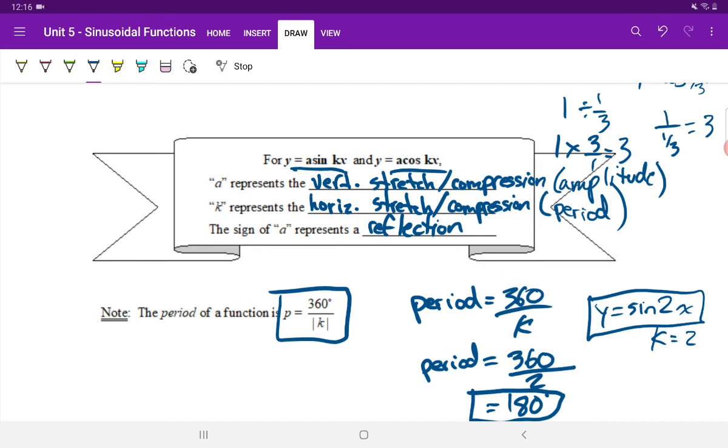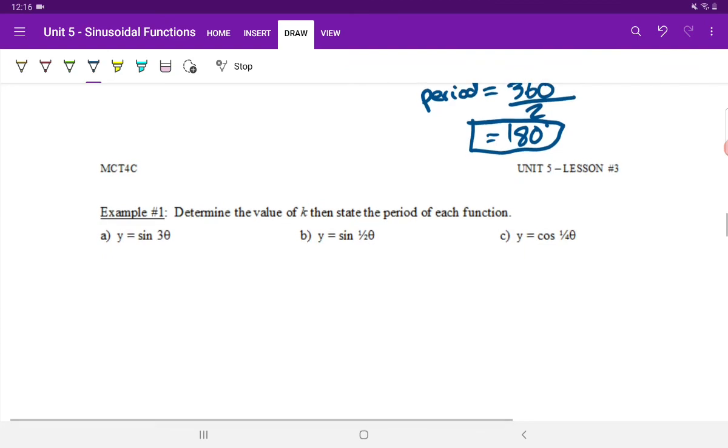And we can finish this video off here. I'm going to do 2 more examples in a part 2 of this video. So let's finish this quick. It says to determine the value of k, then state the period of each function. No problem. We know that period is 360 divided by k.